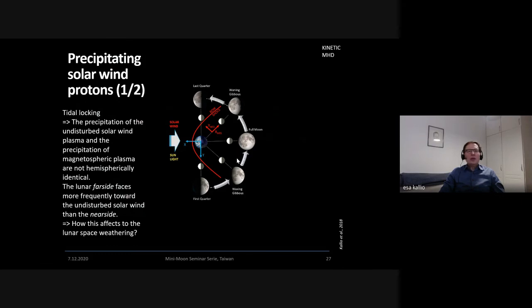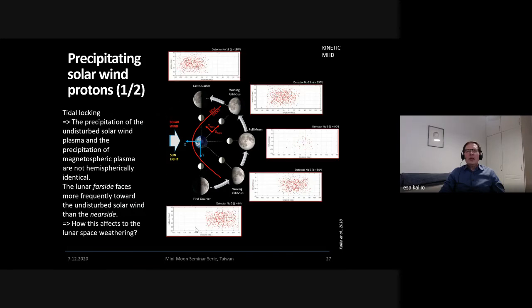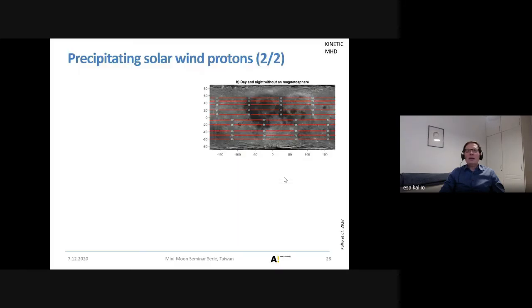And one thing, of course, is the precipitation and the space weather, because of the tidal locking, the far side and near side face, on average, different kinds of solar wind properties. Here, this near side faces disturbed plasma, but the far side feels mostly undisturbed. And actually, one interesting thing is that in a kinetic model you can collect how different particles are hitting the surface, and then you can investigate the precipitation.